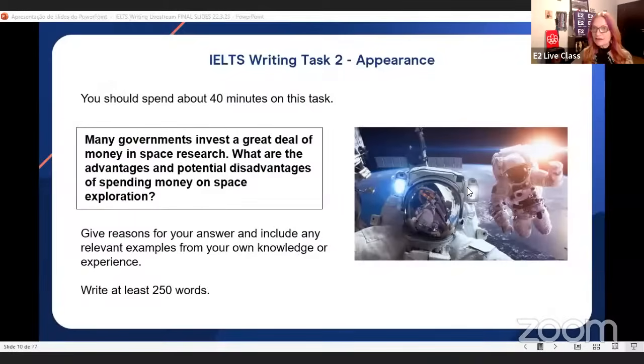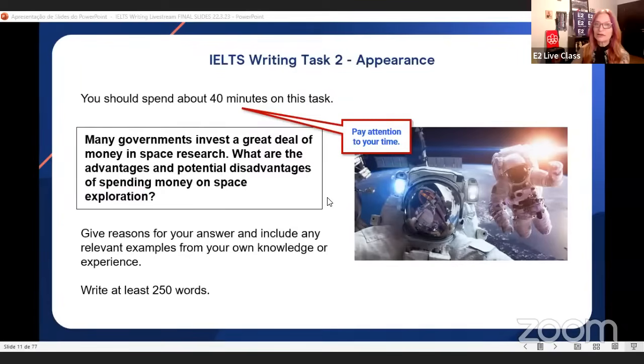A position is what you understand as the question says. So what are the advantages and potential disadvantages of spending money on space research? So for sure, timing is essential.